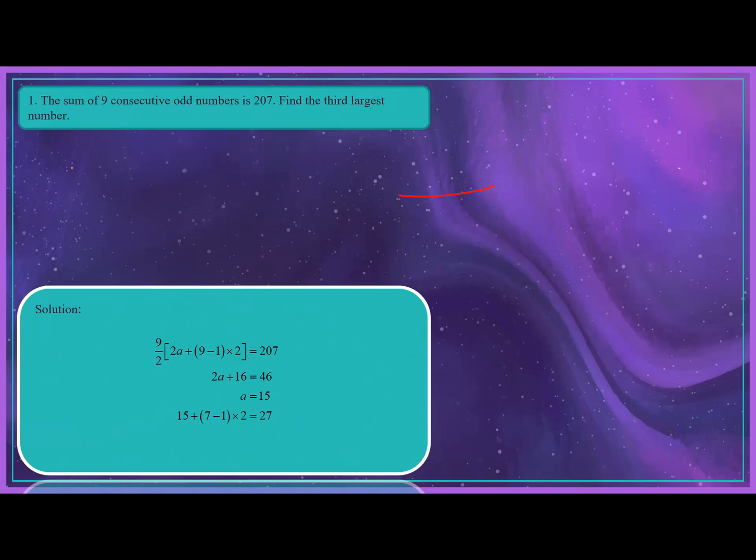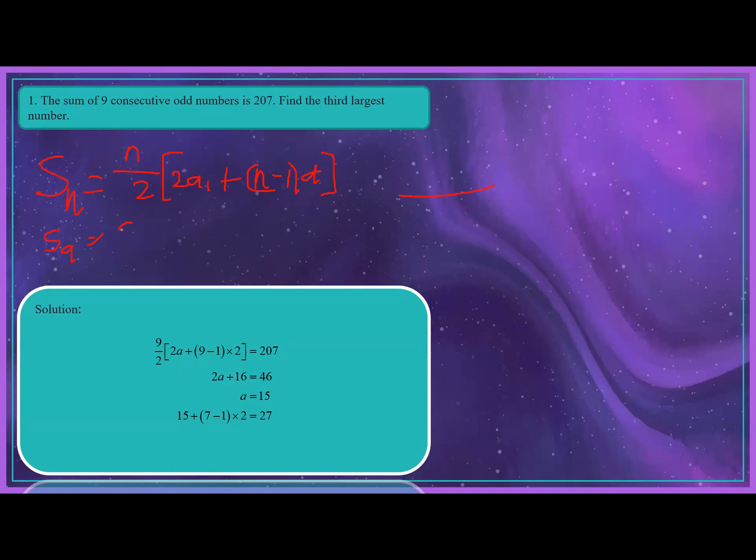Okay, so as we know, the sum of arithmetic series would be S of n equals n over 2 times 2a sub 1 plus n minus 1 times d. Okay, here we have n to be 9 since there are 9 consecutive odd.